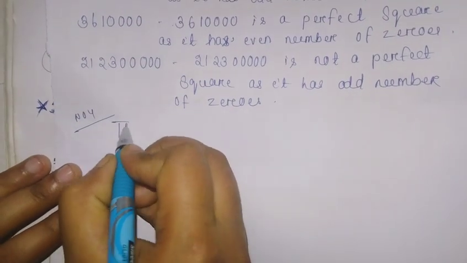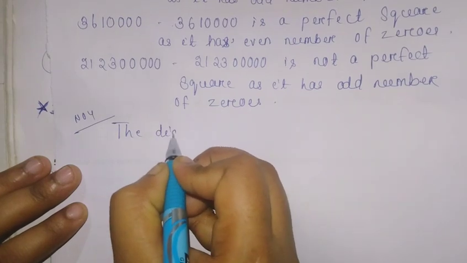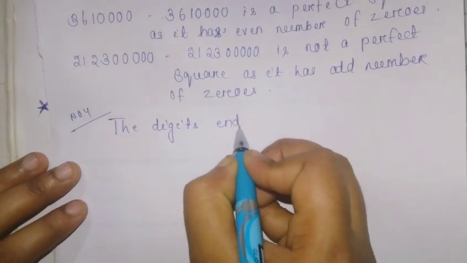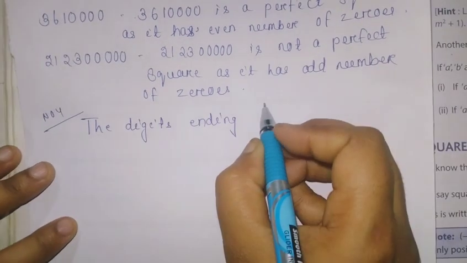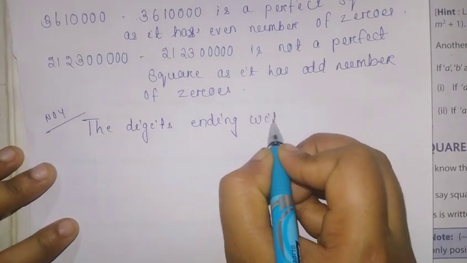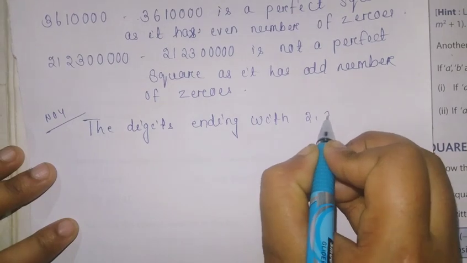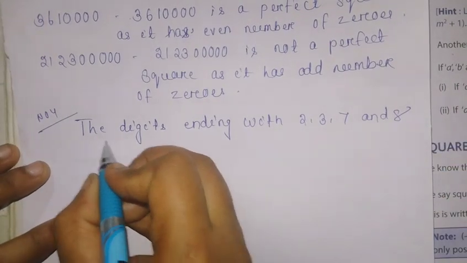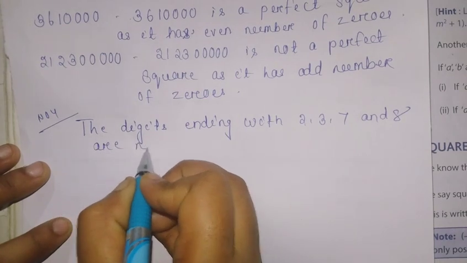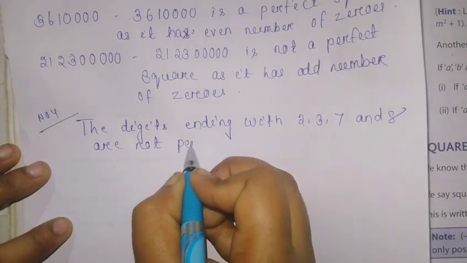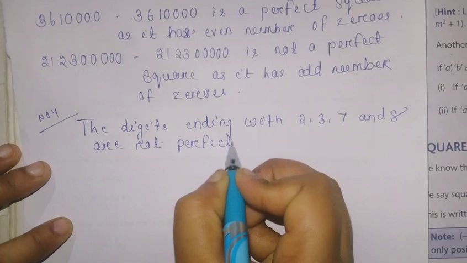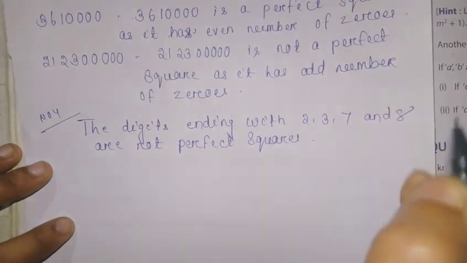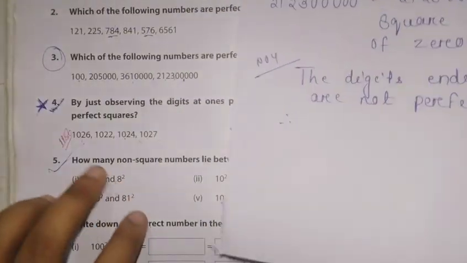First we write the digits ending with 2, 3, 7 and 8 are not perfect squares.